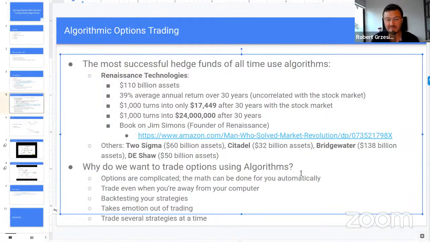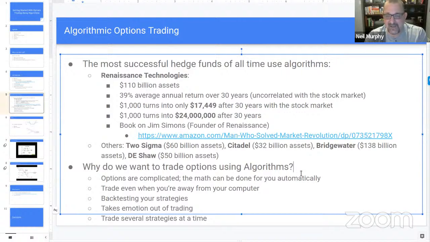Okay, well, Rob's more of an expert on these things, but basically what these slides are talking about are some companies that have focused on using systematic algorithmic trading at the highest level of production that's available. And they throw tons of money at it. They're worth massive amounts of money, and they've grown incredibly over the years. So if you look at this company here called Renaissance Technologies, they have $110 billion in assets.